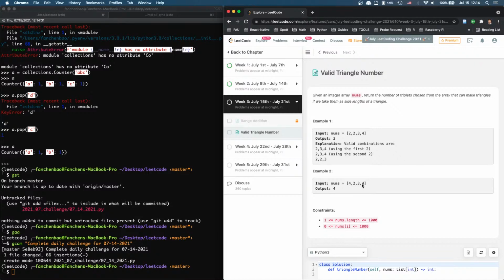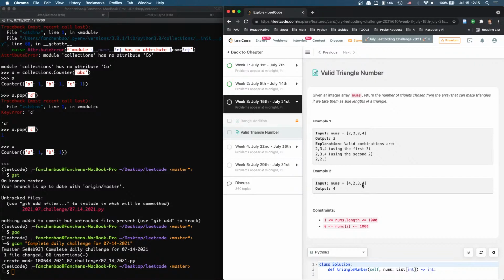So we take a 2, and then the second value is 3. Then 2 plus 3 is 5, so we just need to see how many values are to the right of 3 but smaller than 5. And we see 2, so we have 2 there.